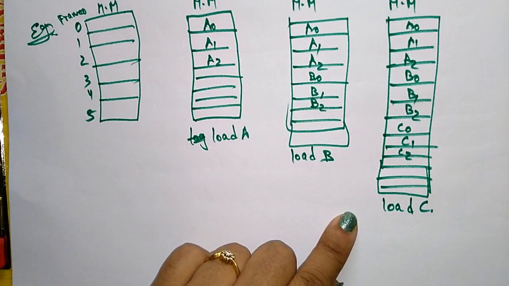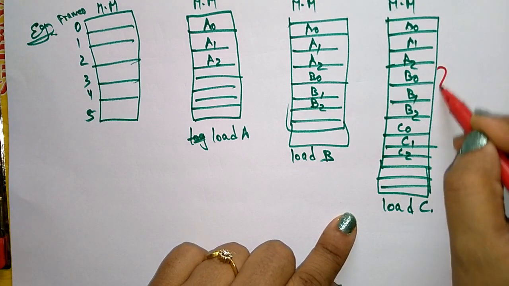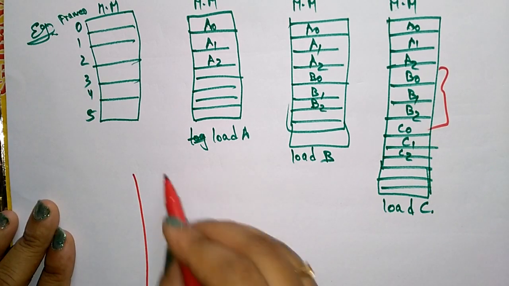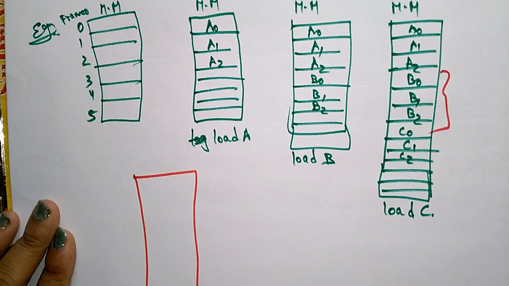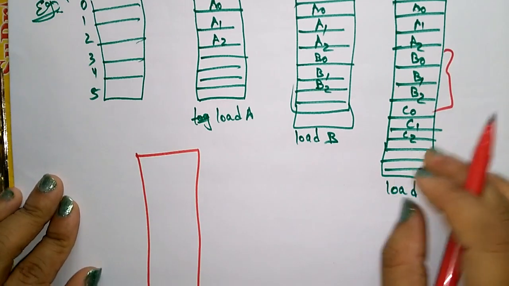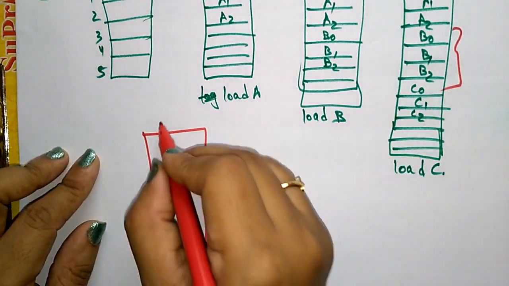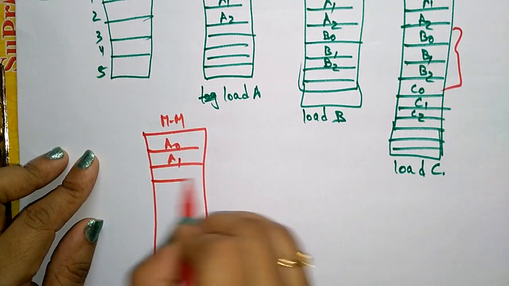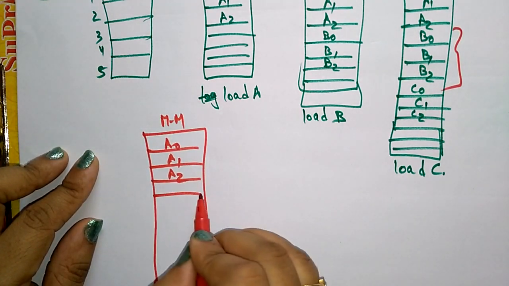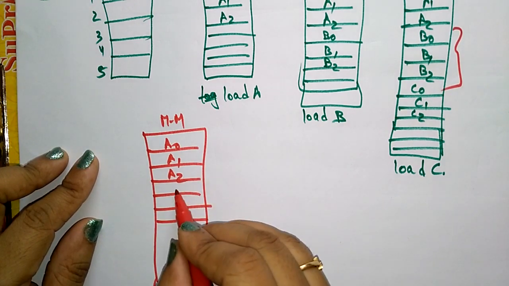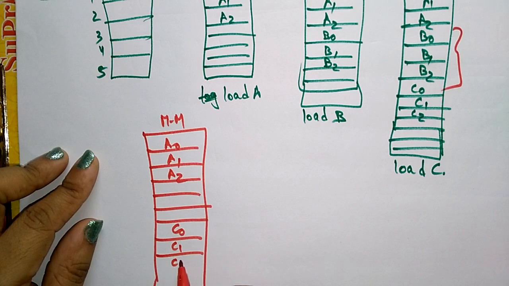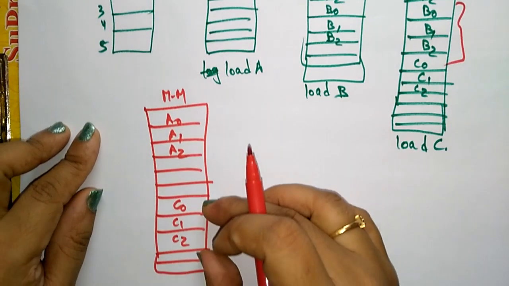Now I want to swap out B. Because there is no free space here and B is not being used, I just want to swap it out. A0, A1, A2 and C0, C1, C2 remain, and the B0, B1, B2 space will be unused here.